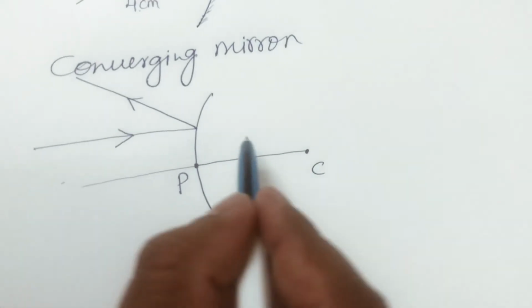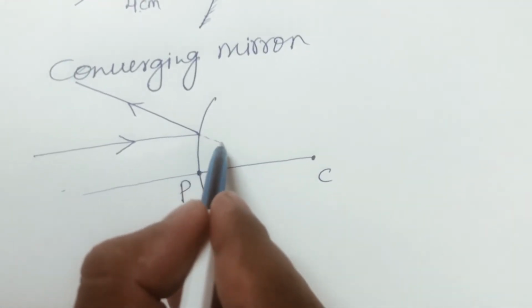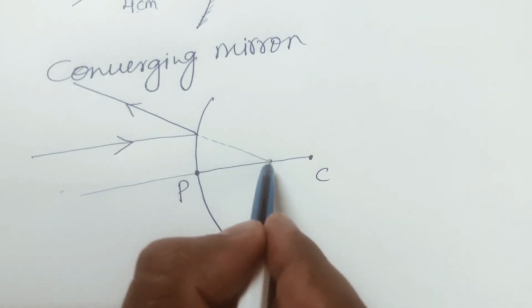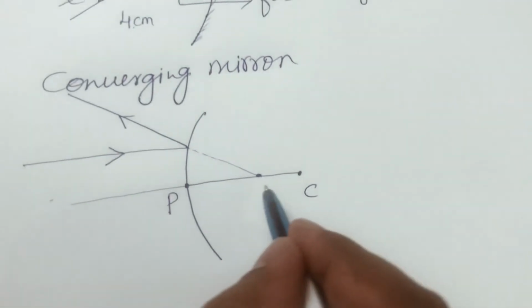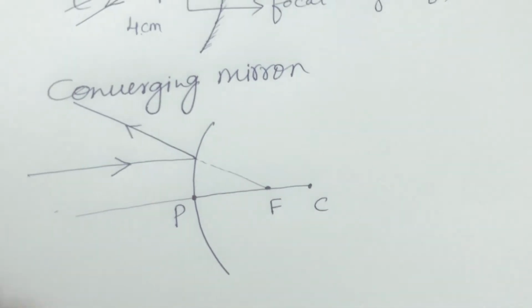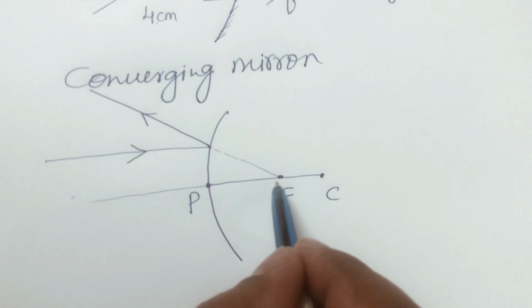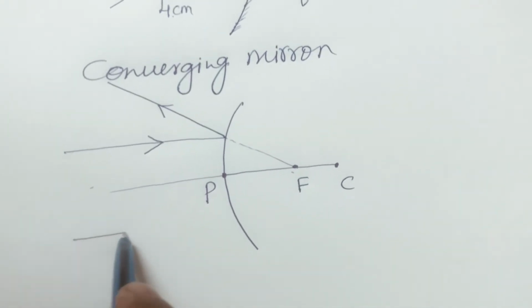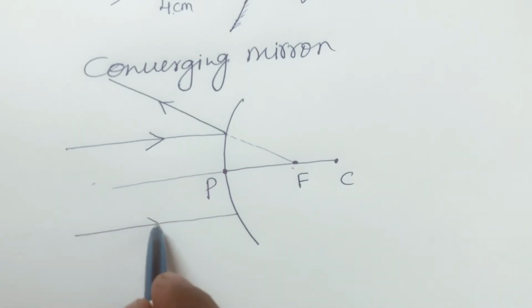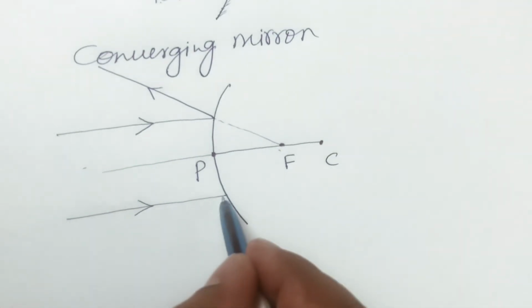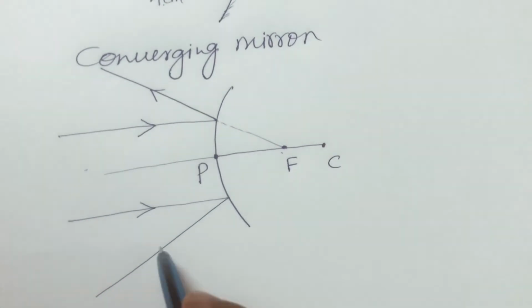If you extend this light, this is the focus. It basically looks like it is originated from this point. I'll try one more incident light ray. It is coming parallel to the principal axis. After hitting the mirror, it will reflect back like this.